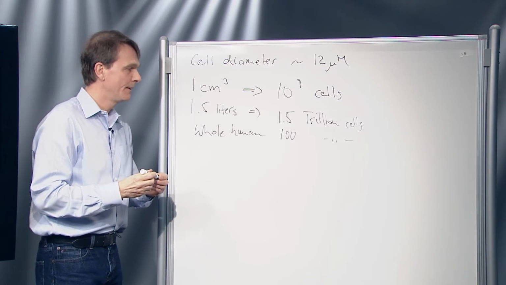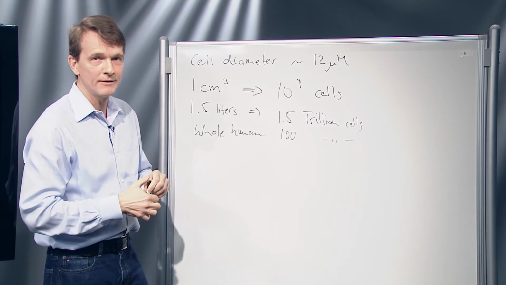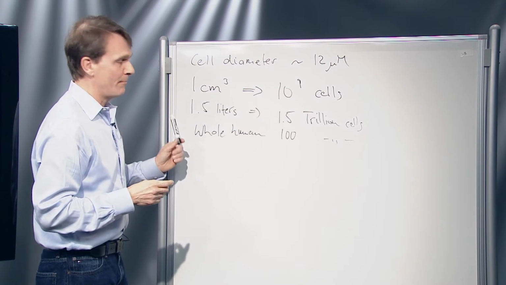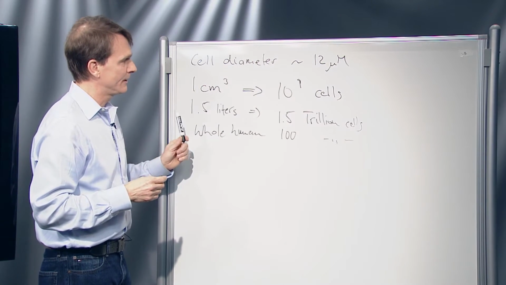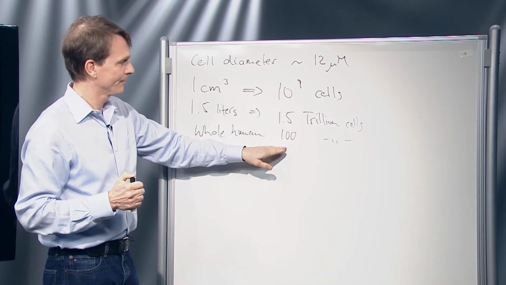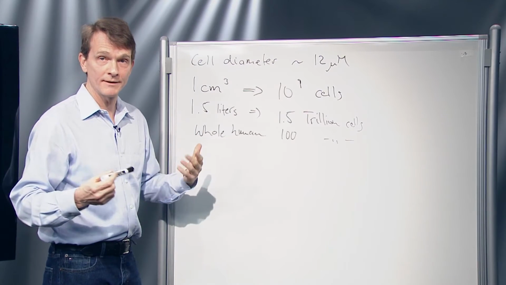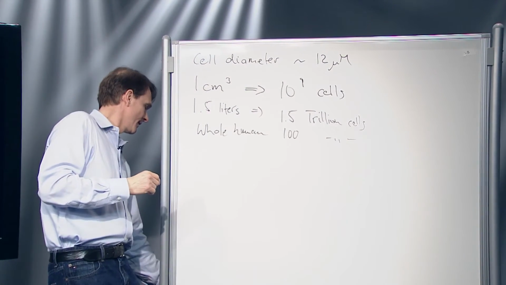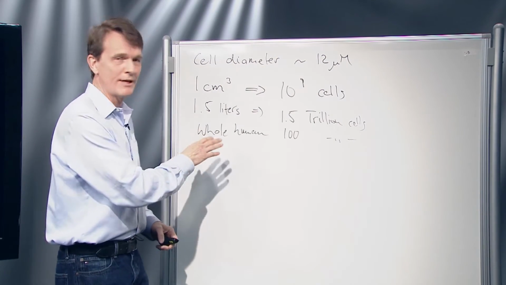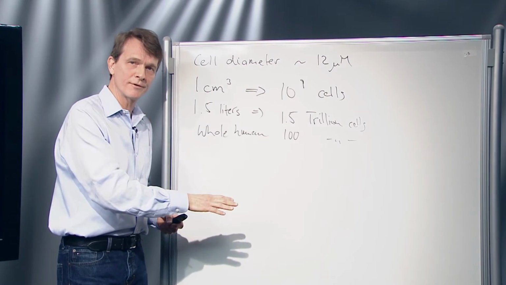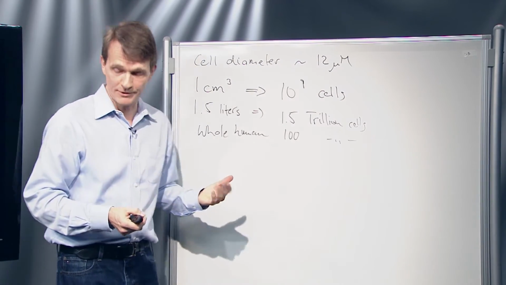Okay. Now, cells being the fundamental unit of biology, that makes it really quite staggering, right? That these numbers contribute to your body and contribute to all of your function of your body. 100 trillion cells. Now, before we get too carried away with the complexity of it all, we're going to break it down further and look at individual cell biology.